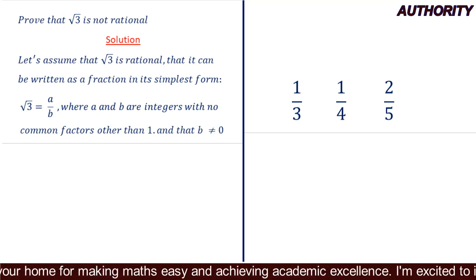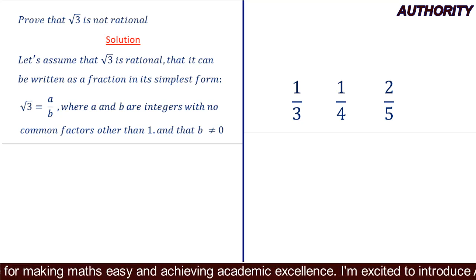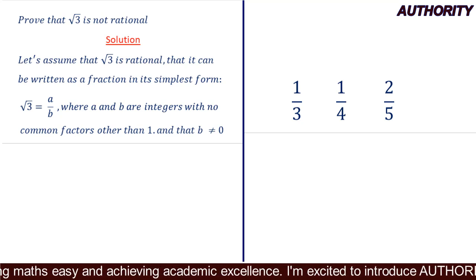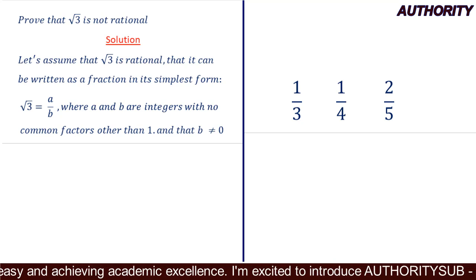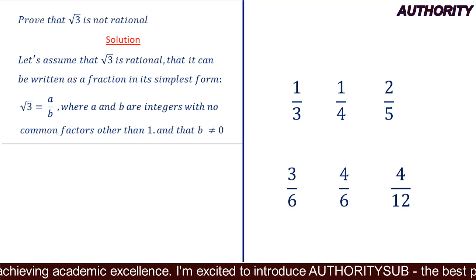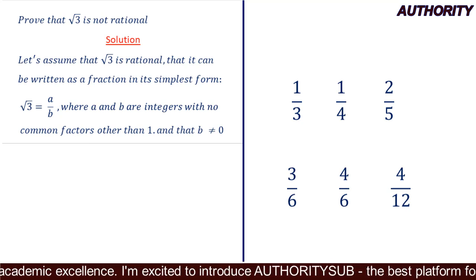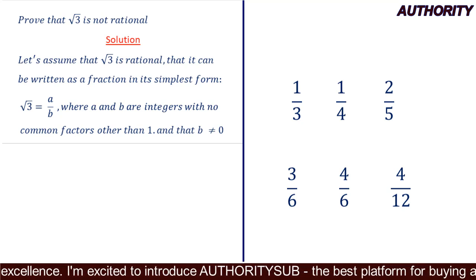Are you clear? Do you understand? Now let me show you a fraction that is not in its lowest form, that is having a common factor. Do you see this number 3 over 6? Another number, 4 over 6? And this number, 4 over 12?